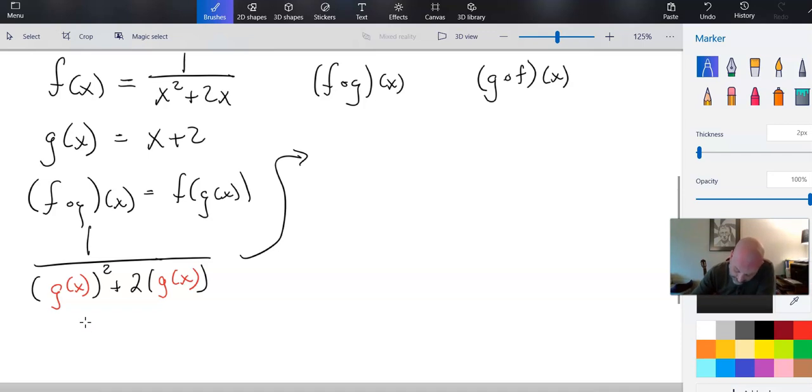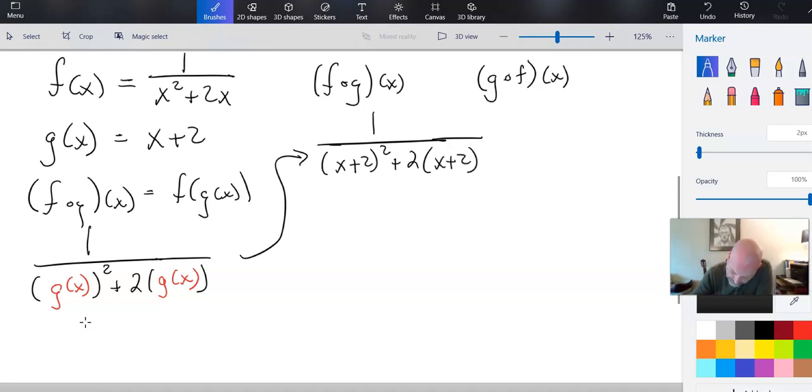Okay, so from here now, this is 1 over, well, we're going to substitute in the formula, which makes it x plus 2 squared plus 2 times x plus 2. Right, so we have to do a little bit of algebra here. We're going to have to square that out if we're going to simplify this. So this is now 1 over x squared plus 4x plus 4.